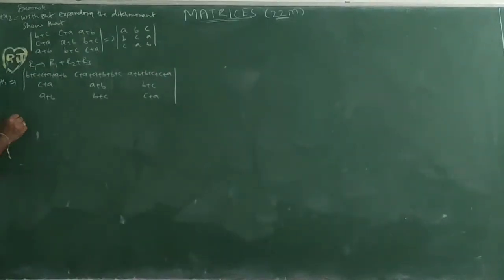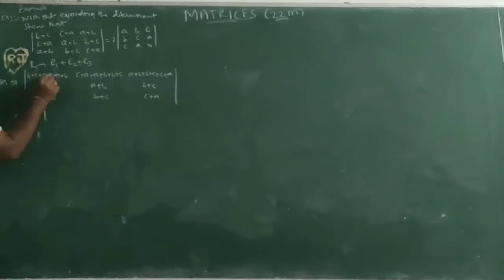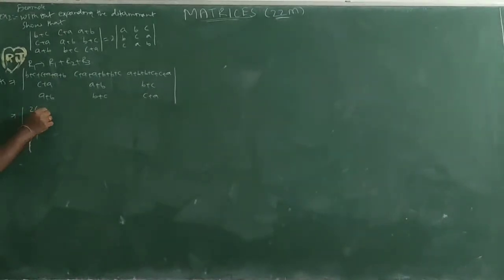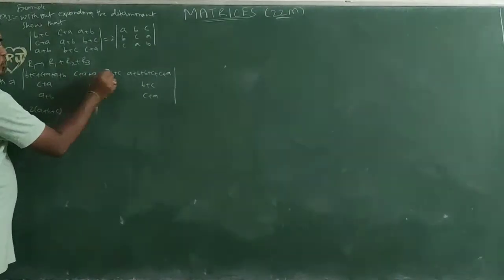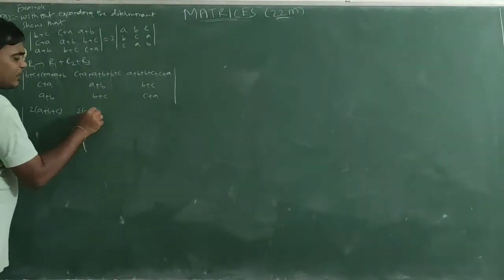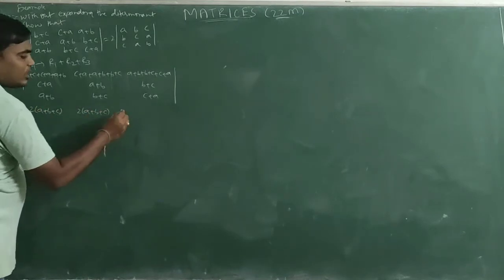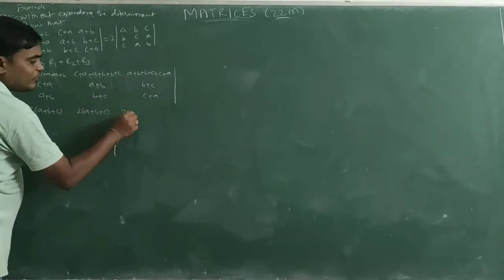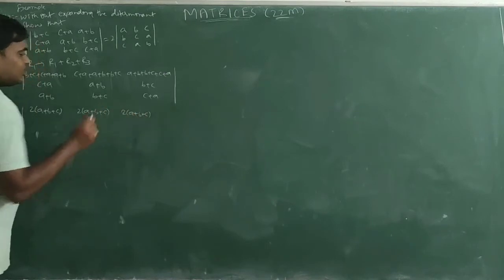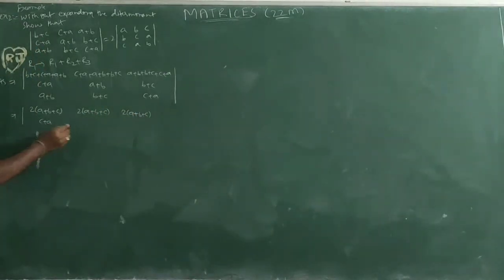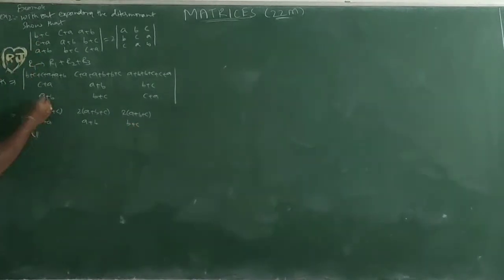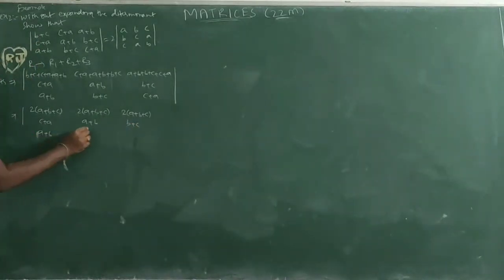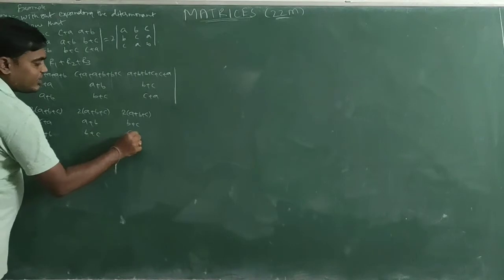So if we observe, 2a, 2b, 2c, that is 2 of a plus b plus c in each case. Next, the remaining rows are c plus a, b plus c, and a plus b, b plus c plus a.